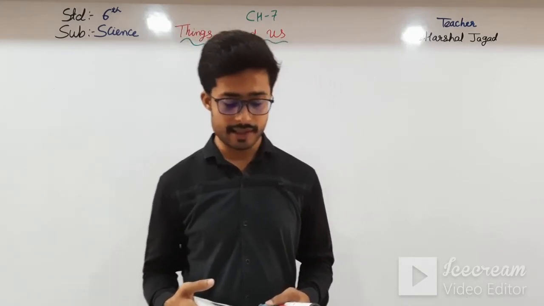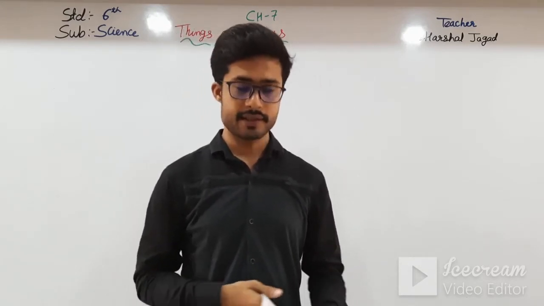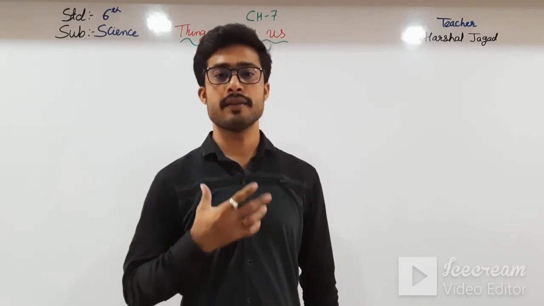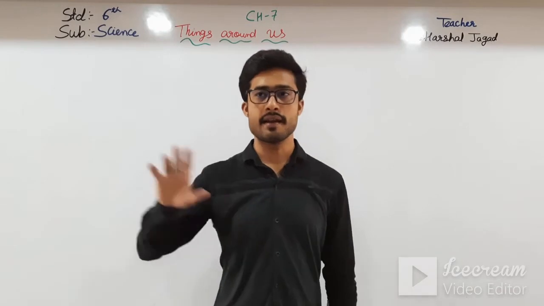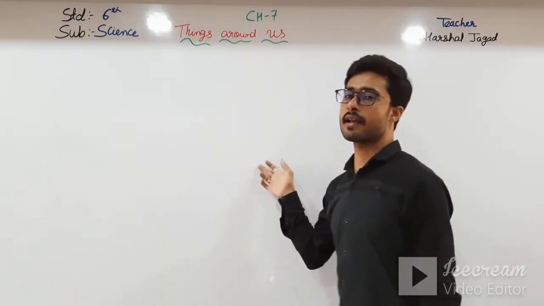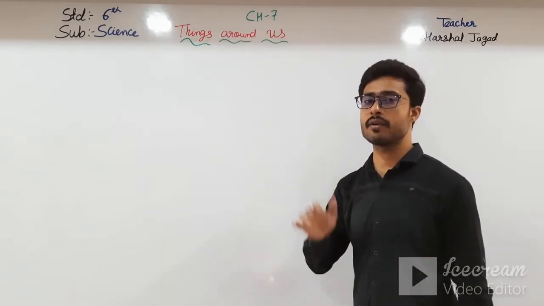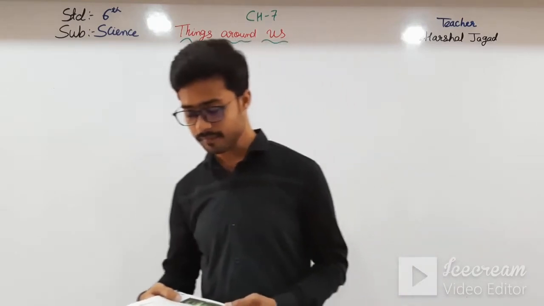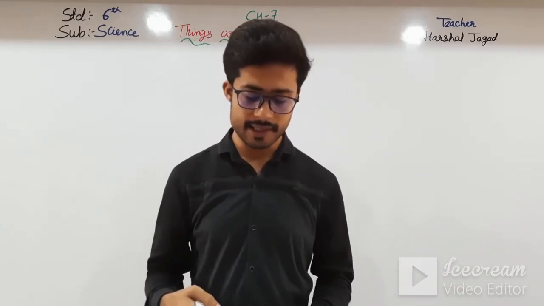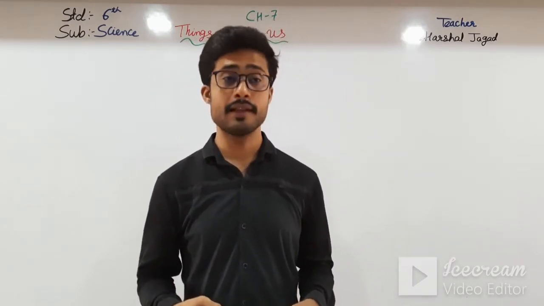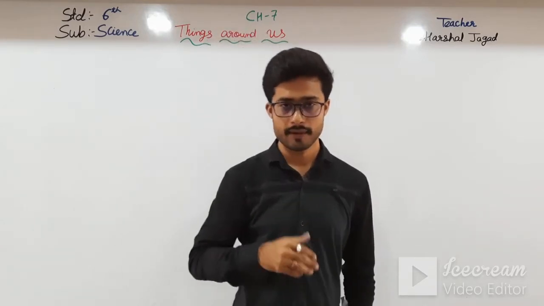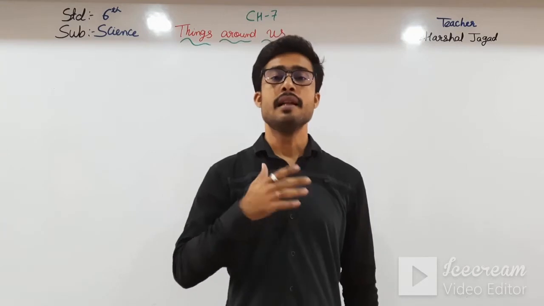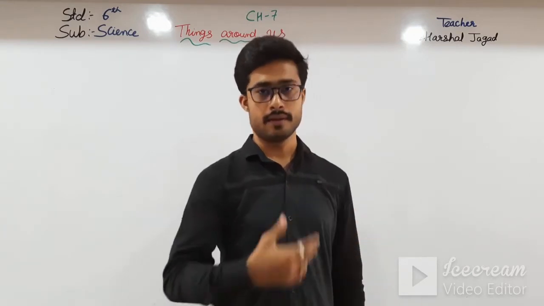Living things excrete and get rid of waste. It means the waste products in our body, we take them out, and non-living things do not have waste, so they do not excrete. Then comes reproduction.